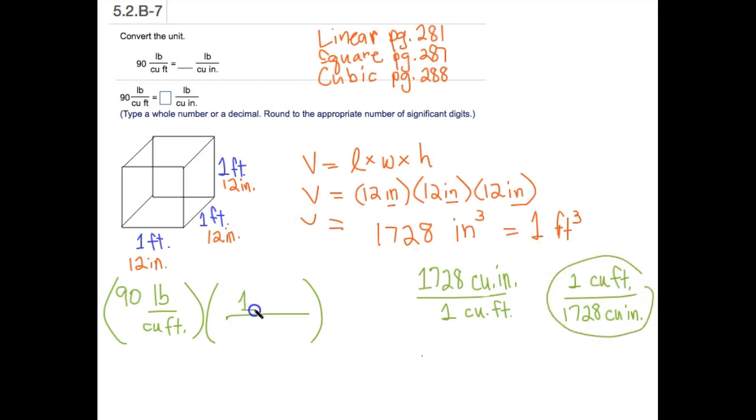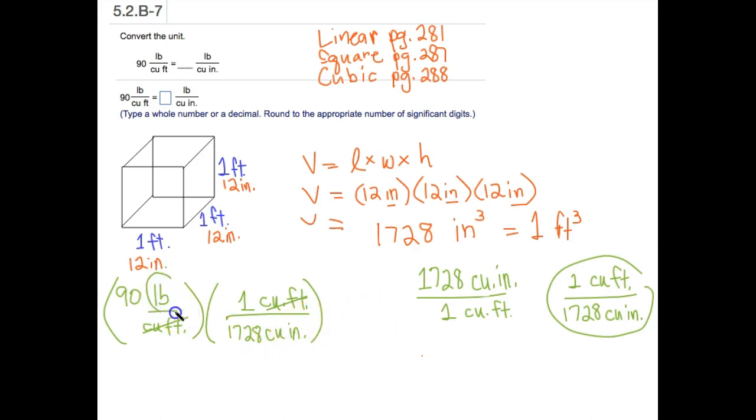So I'm going to go ahead and write 1 cubic foot per 1,728 cubic inches. And just like numbers, my units are going to cancel.